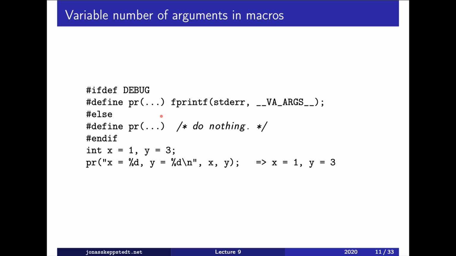So how does it work? Well, we start with using 3 dots, and when we use the macro, if there would have been a parameter here, that would be matched to the first argument here, but there is none, so everything will be put into these 3 dots.